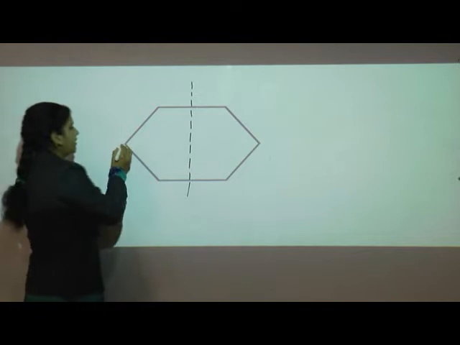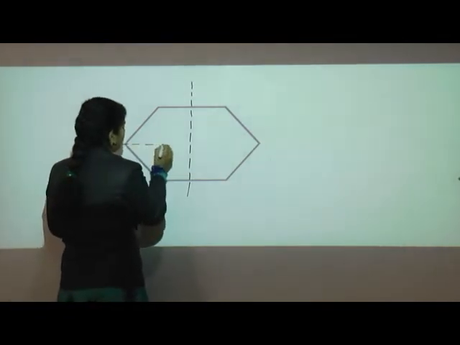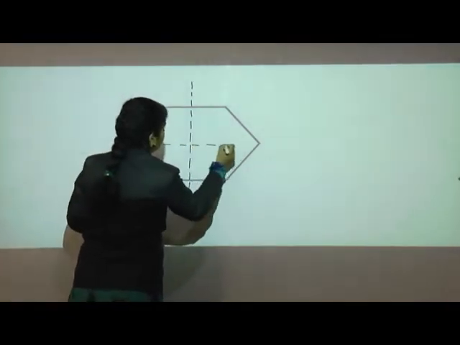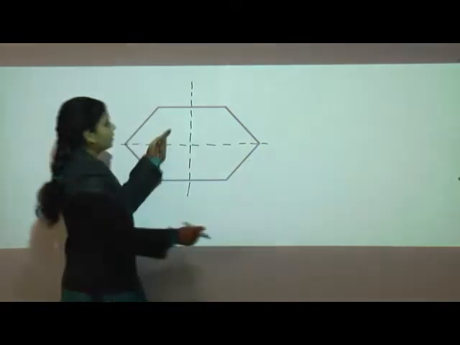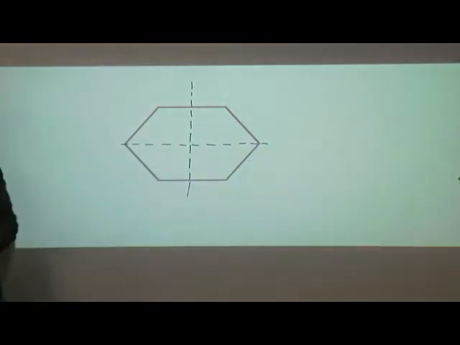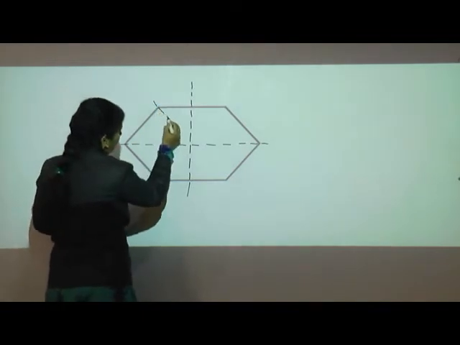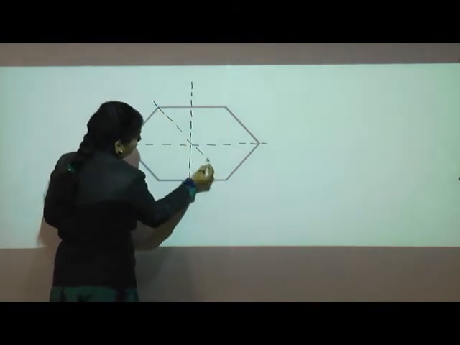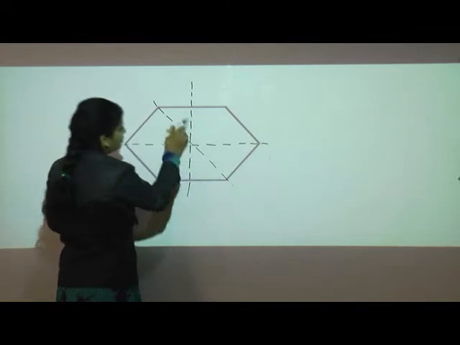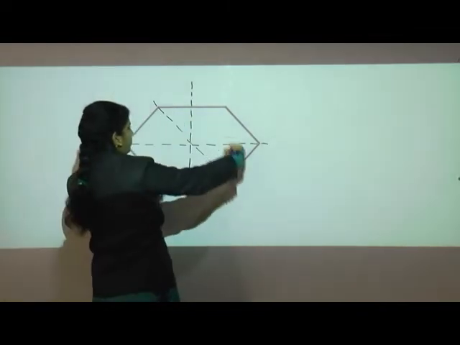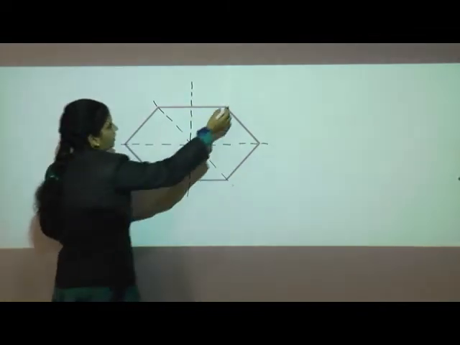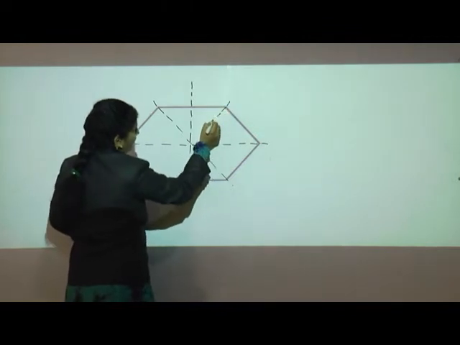Okay. Even this horizontal line also divides the hexagon into two equal parts. Another one, see, this one also divides the hexagon into two halves, even this also.